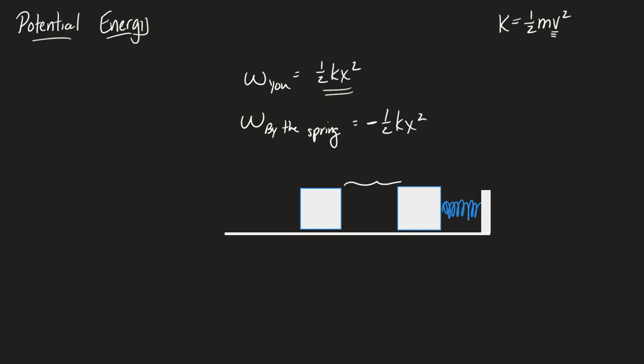And we pushed the block this way, with our applied force this way. This was you. The spring the whole time was pushing back. Okay? All familiar from yesterday? Once we've done this, we could just put a little pin here and hold that block right there. That energy is stored in this system.